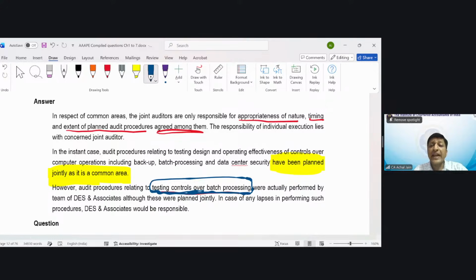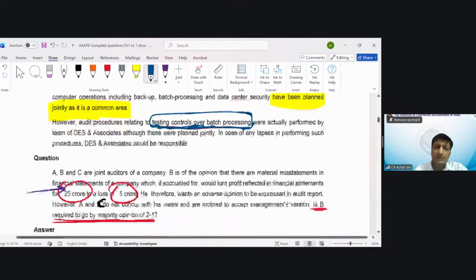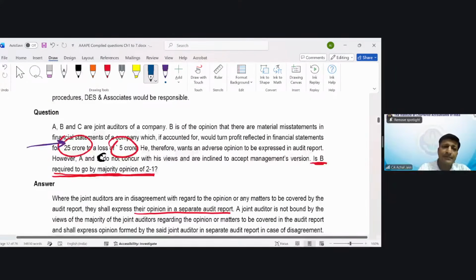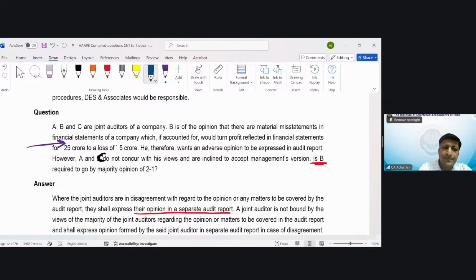In case of any lapses in performing such procedures, therefore, what will happen? DS and Associates would be responsible, right? Okay, yeah.